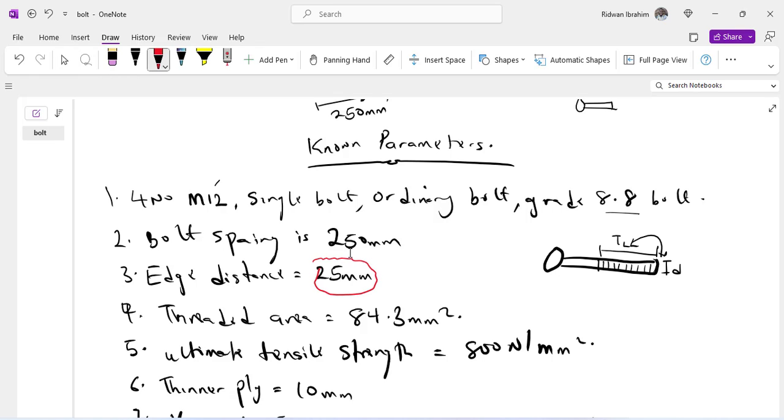If you have a plate like this, and you have your hole and your bolt very close to the edge of the plate, so the edge distance is very small, now imagine that you want to have a bearing failure. The bearing failure will happen very fast.